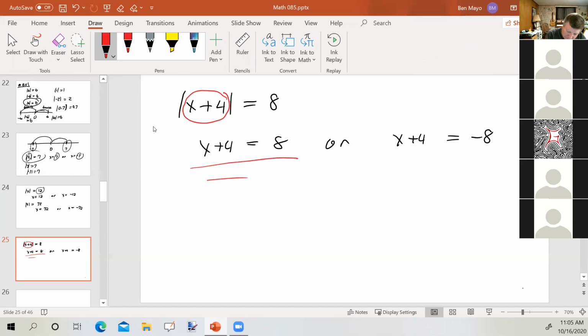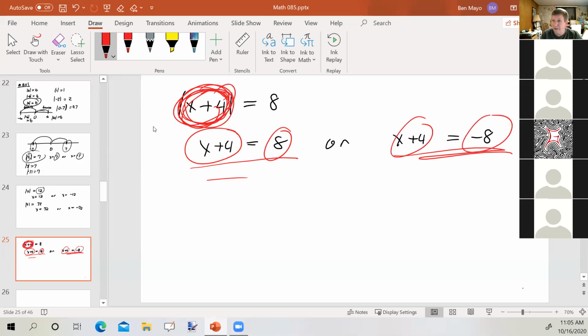Okay. If this quantity equals -8, what would its absolute value be? 8. So this quantity has to either equal 8 or this quantity has to equal -8. So what's inside the absolute value on the left has to equal what's on the right, or what's inside has to equal the opposite of what's on the right, because then if you take its absolute value, you still get the number on the right, at least in the scenarios we're looking at.